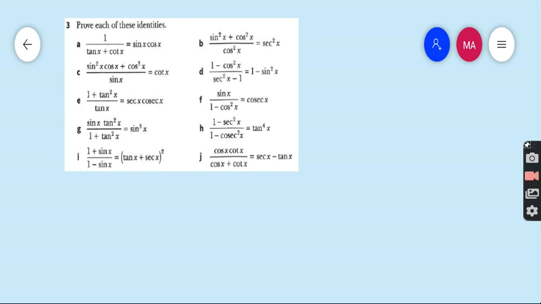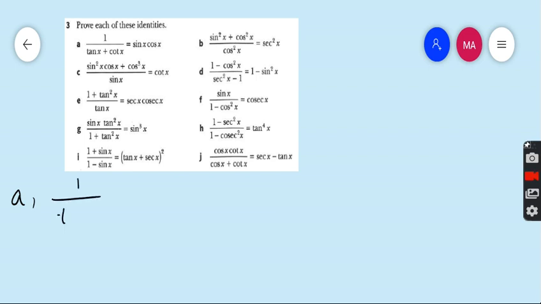So there are J parts in this question number 3. I will try to finish all parts in this lecture, otherwise I will finish in the next lecture. Let's start part A. Prove the identities.